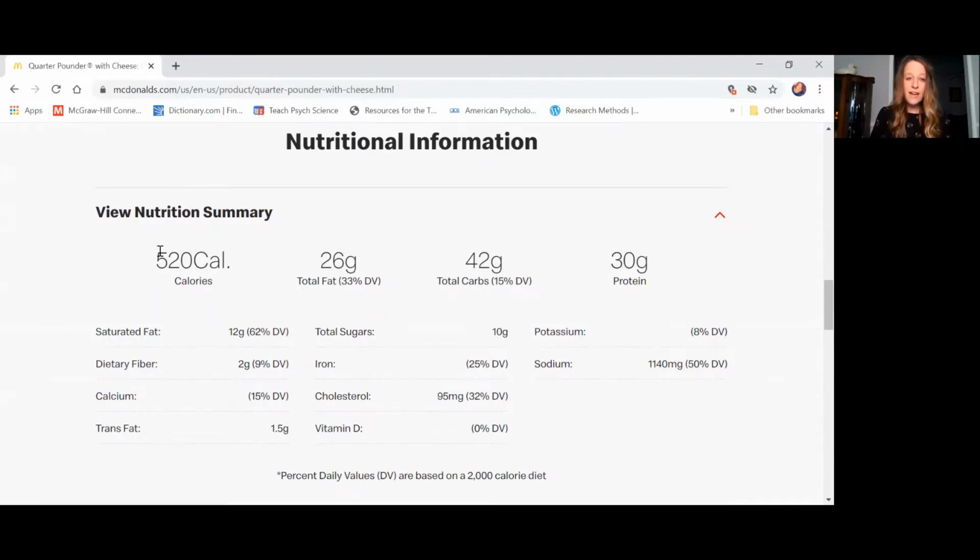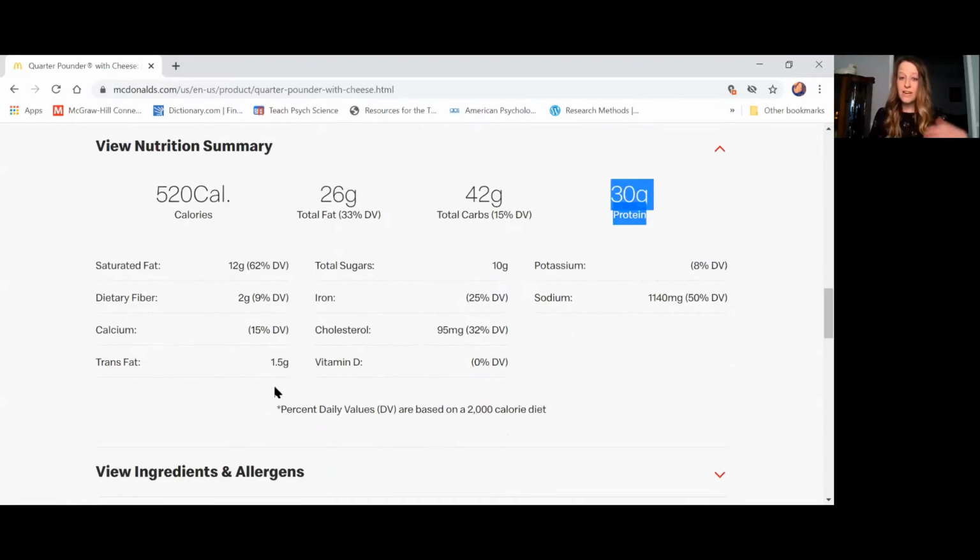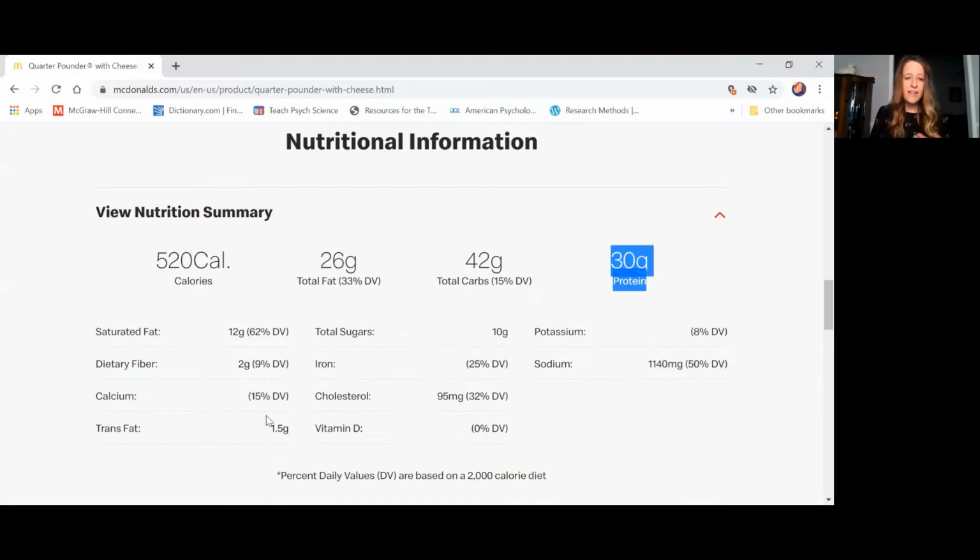So we can see that we have 520 calories, we have 26 grams of fat, we have 42 grams of carbohydrates, and 30 grams for protein. We can also see other types of information like saturated fat, calcium, iron, vitamin D, etc. And so this provides all of the needed information to fill out the first part of our activity. And so I'm going to switch screens so that we can fill that in.